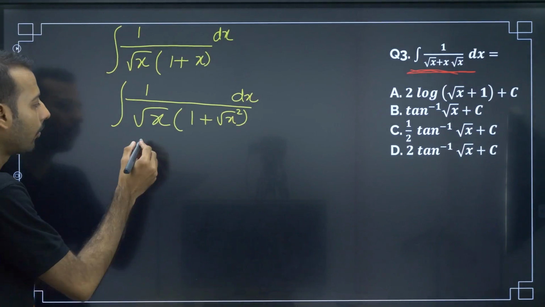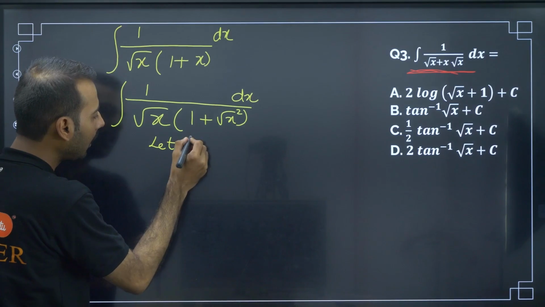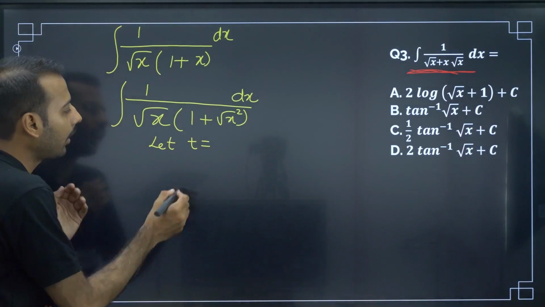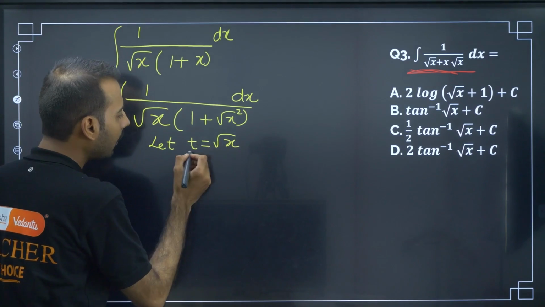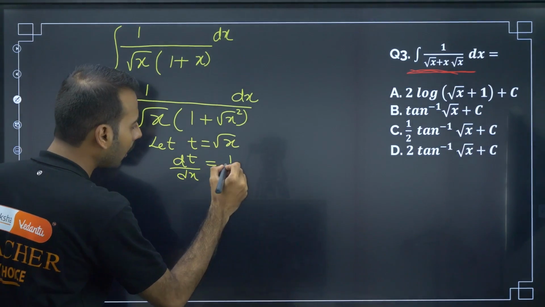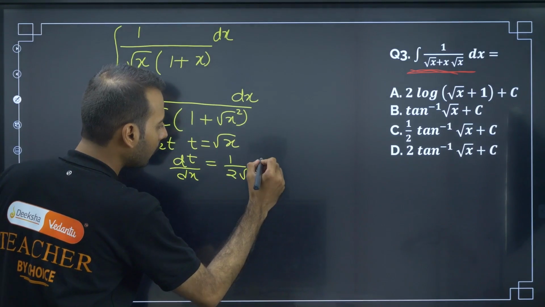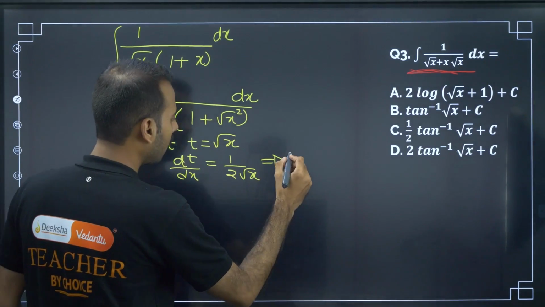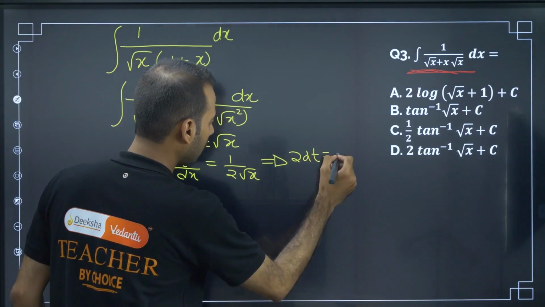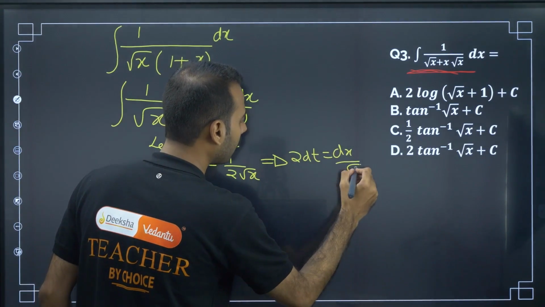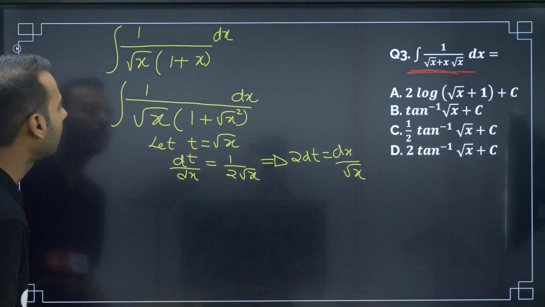Now let me go for some substitution. Let t is equal to root x, and then if I differentiate with respect to x, dt by dx is 1 by 2 root x, which implies 2 dt is equal to dx by root x.